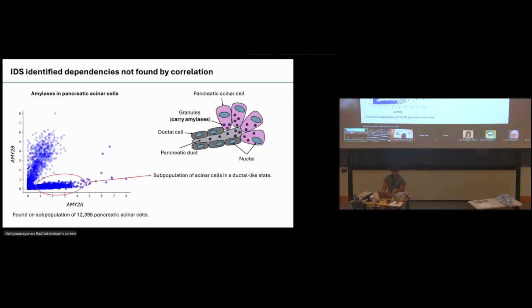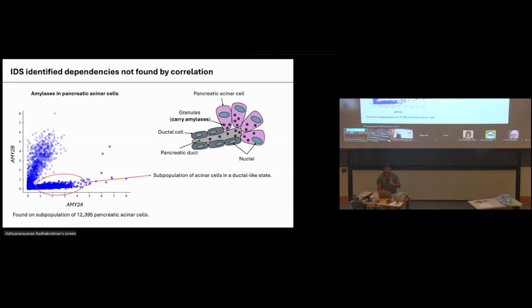So what's happening in this picture? It turns out there's a subpopulation of acinar cells that are actually transitioning between this edge and a ductal-like state. And why might this happen? I looked up some explanations online, and somebody can correct me if this is not the right one. But it turns out when you overexcrete amylases, lipases, proteases, the cell starts to digest itself.